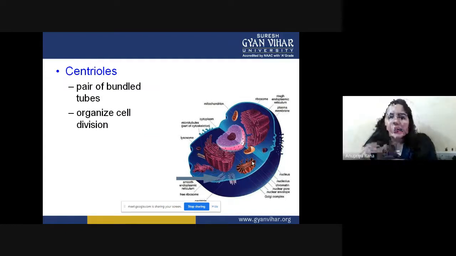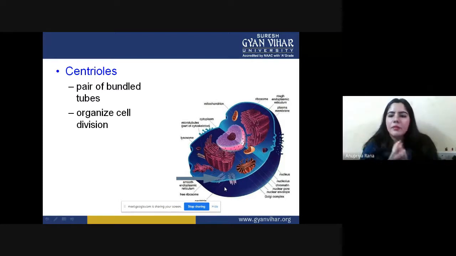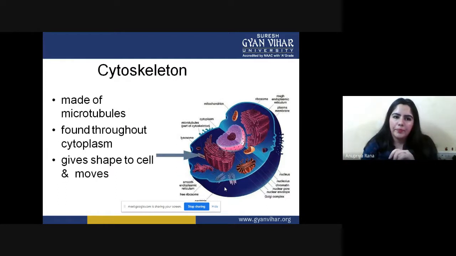Now the centrioles, they are a pair of bundled tubes, here you can see in the diagram. Basically, their function is at the time of cell division. Until and unless cell division is happening in the cell, they do not perform any major role.